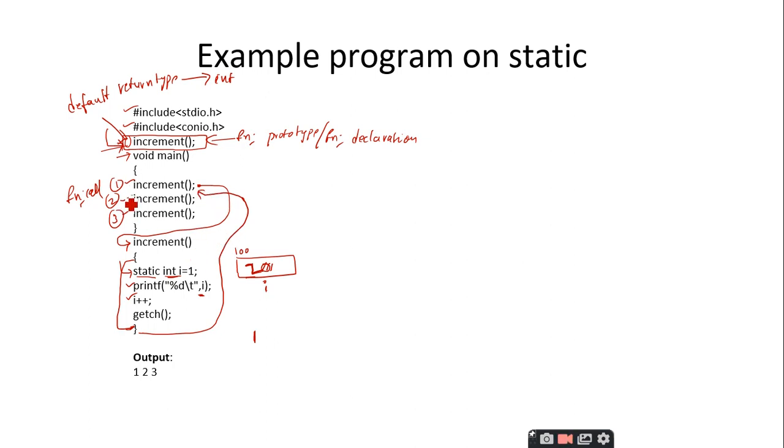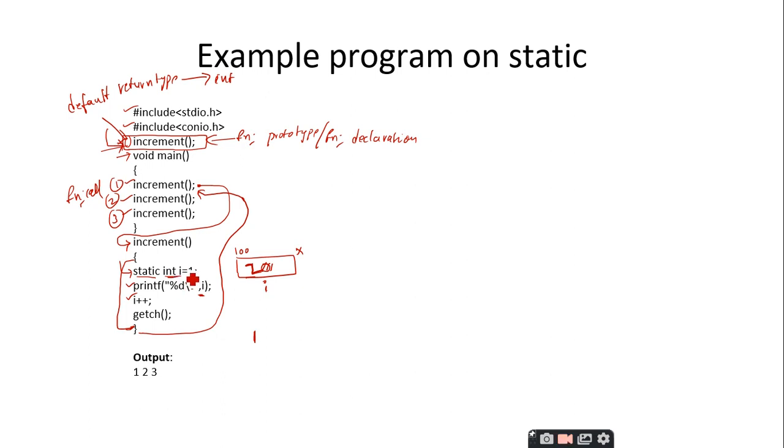Now after this, see here, at this point you should observe one important point. When you complete the execution of the function, normal variables become dead. But since it is a static variable, you told the compiler, please make my variable I as static.